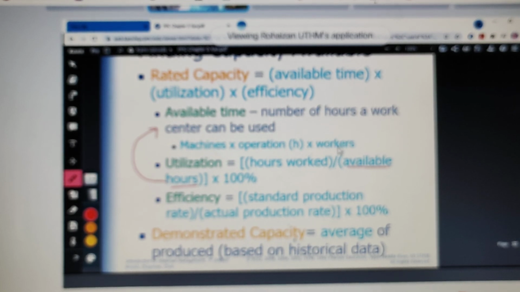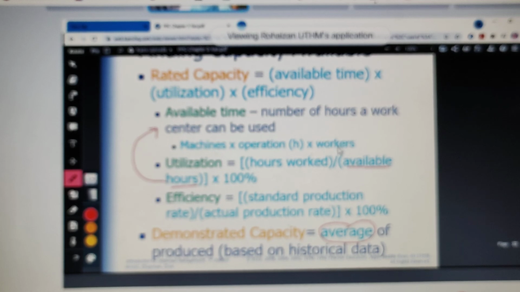This is based on historical data. We must have historical data. If we don't have any historical data, then we use rated capacity. However, demonstrated capacity is not accurate because we take an average.